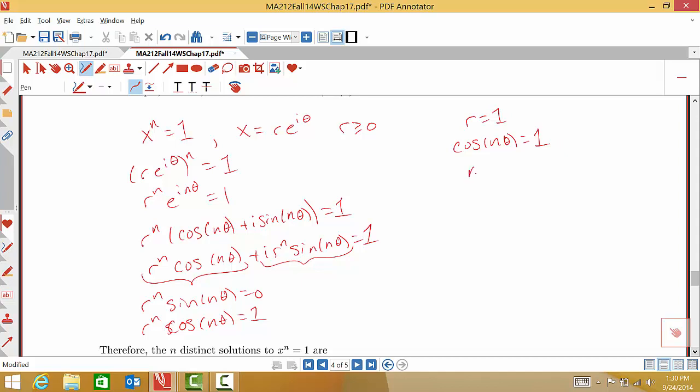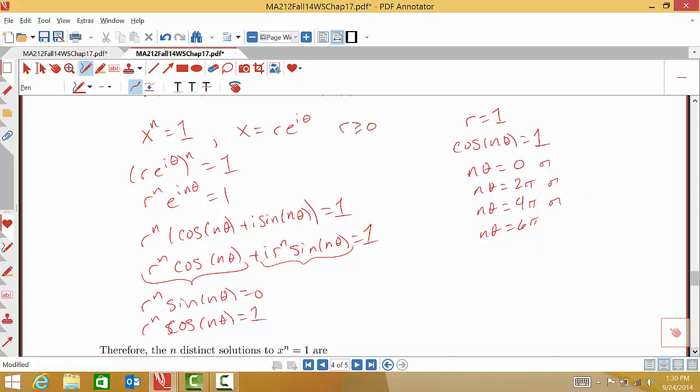Well, that means n theta needs to be 0, or n theta could be 2 pi, that would work, or n theta could be 4 pi, or n theta could be 6 pi, that would also work. Each one of these different choices of theta gives us hopefully a different solution to our equation.